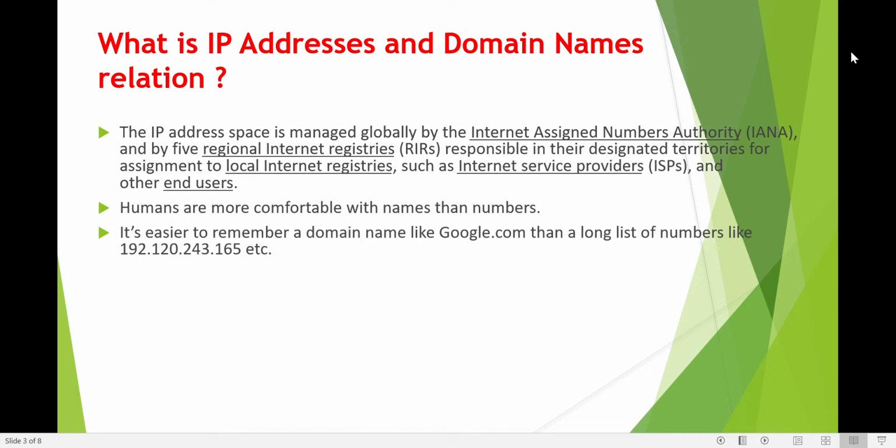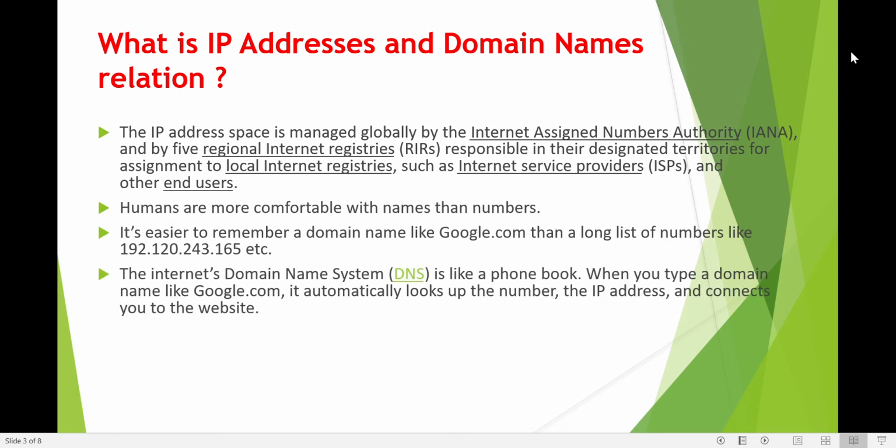So it is easier for us to remember a domain name, for example google.com, than a long list of numbers like 192.120.243.165, etc.